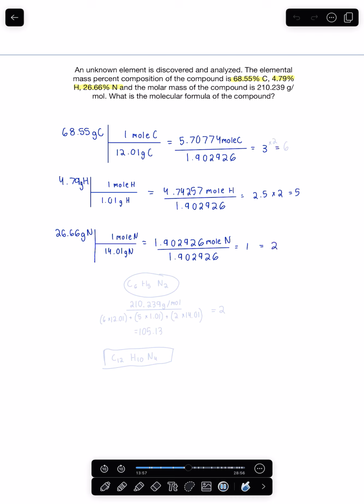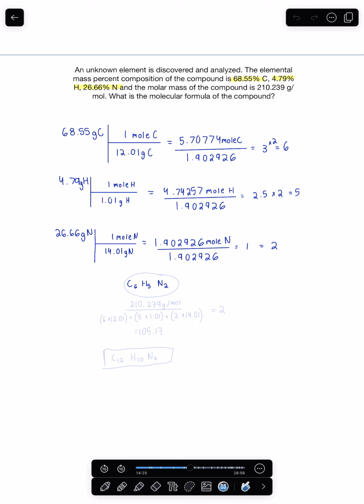And this 3 will become a 6. So let's write out our empirical formula. So we know that we have C, H, and N. There's 2 N's, 5 H's, and 6 carbons.